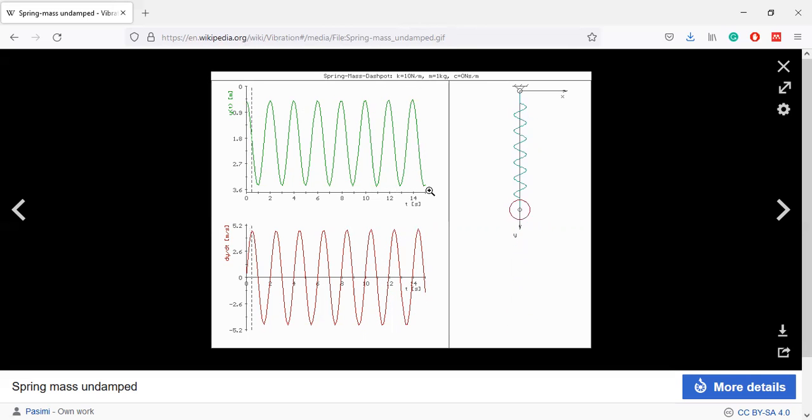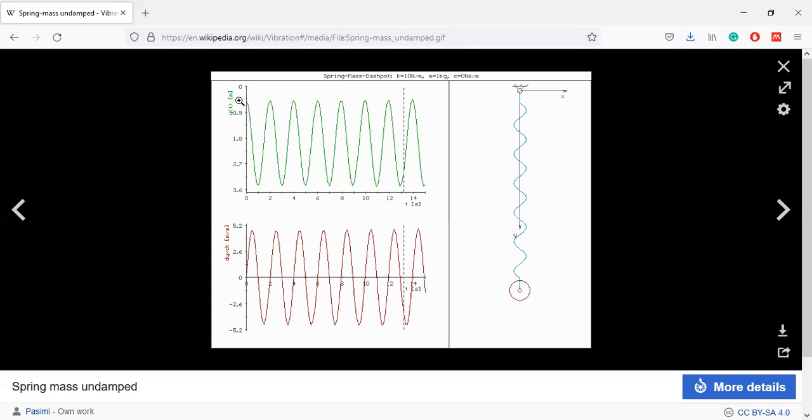It is simply oscillating in the same manner, up and down. It reaches the lowest position and comes back to the up position, so the system will not decay or stop the motion.